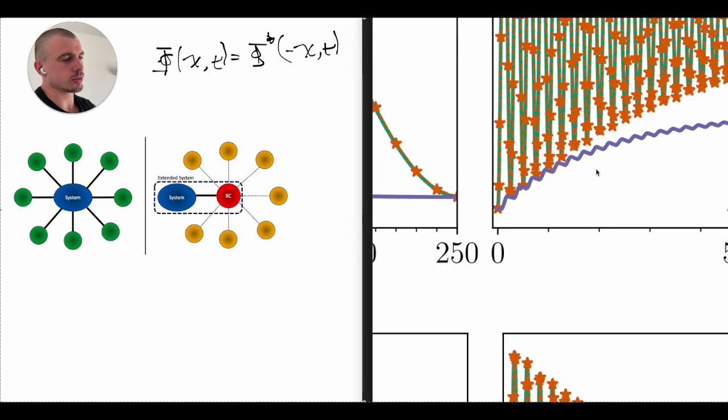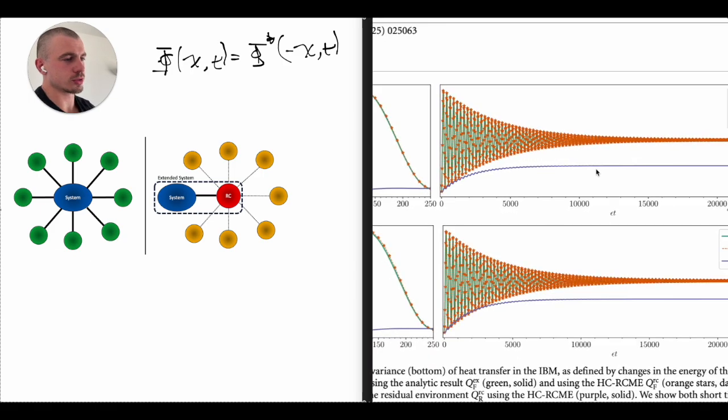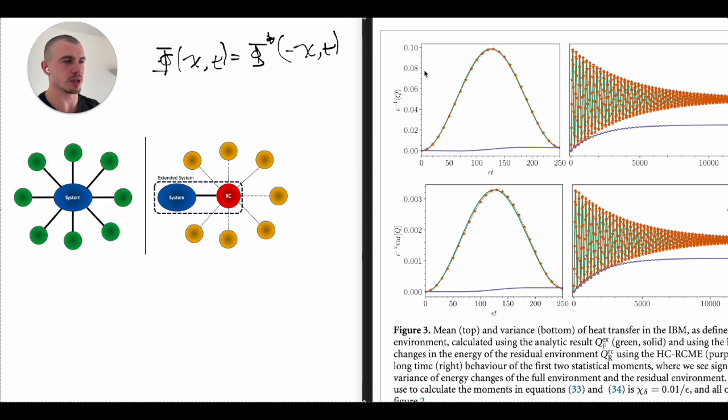But on the whole, I think it looks like a more reasonable accumulated heat transfer that you would expect. So maybe at the start there's quite a rapid increase in heat transfer, and then as the two things start to equilibrate, then the amount of heat transfer levels off like this. And we see a similar story when we look at the variance. It's pretty much exactly the same plot, except things are scaled differently.